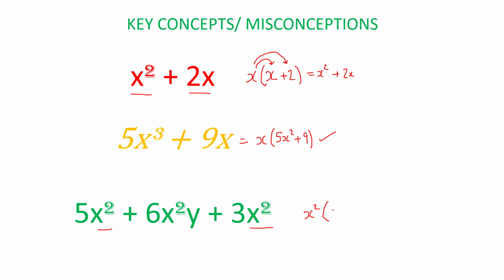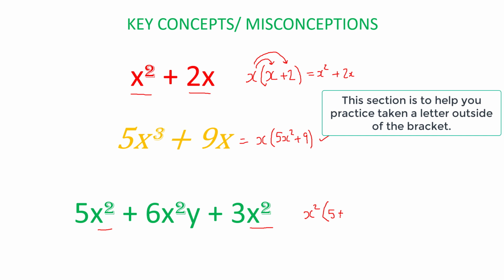Well, we put a 5 in. Plus, now we've got to be careful here, but I'll show you later, plus 6x squared. So that's going to be 6y, because that's going to give us 6x squared. And now you're going to do plus 3 to get the 3x squared.